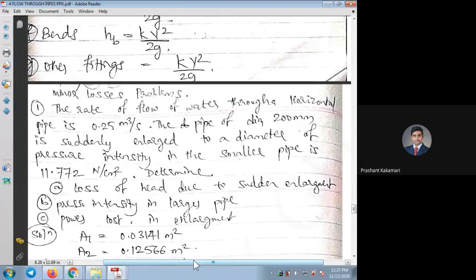The rate of flow of water through a horizontal pipe is 0.25 meter cube per second. So discharge from that horizontal pipe is given, the Q value is given.